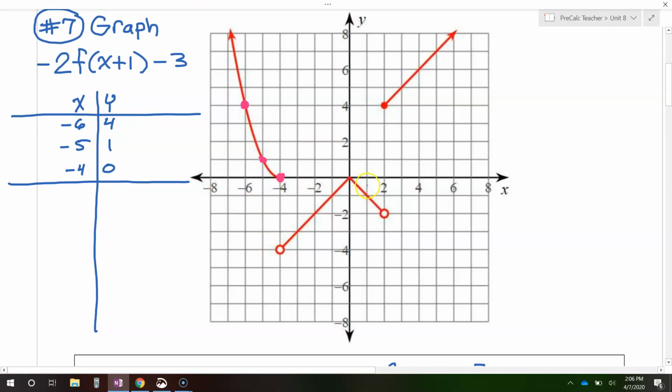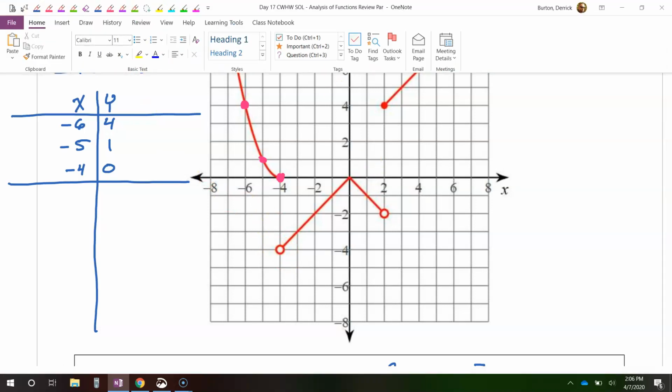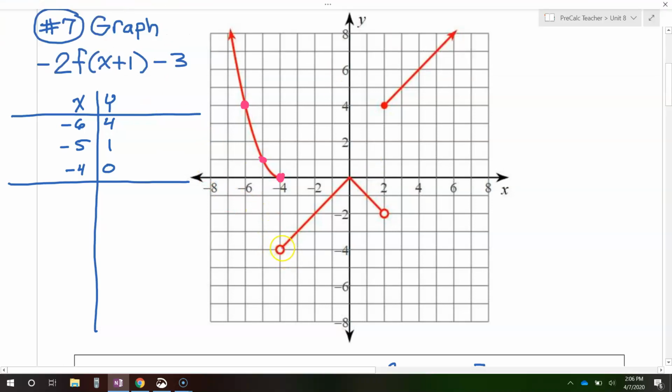Now, for the next part of the graph, I'm going to be looking at these 3 key points. So here's a key point that I'm going to need. Here's another key point. And here is the third key point that I'm going to use. All right, so the first one is -4, -4. So we'll have -4, -4.